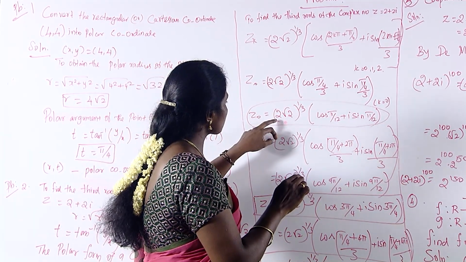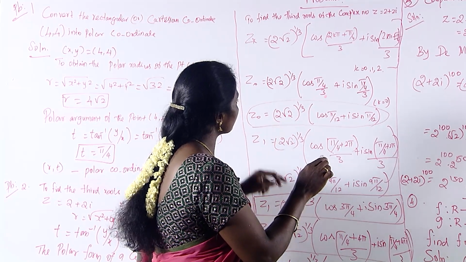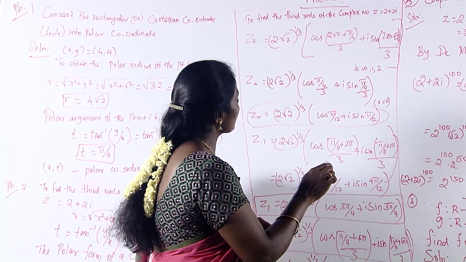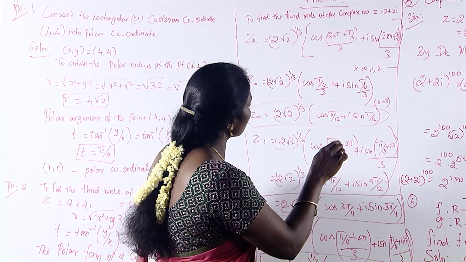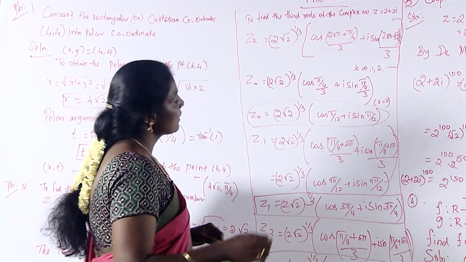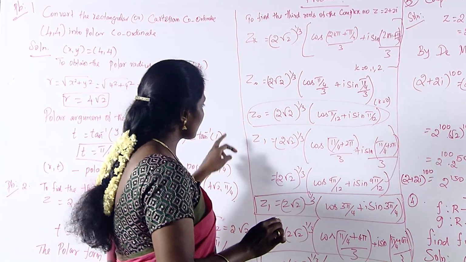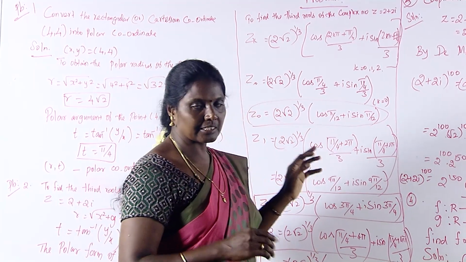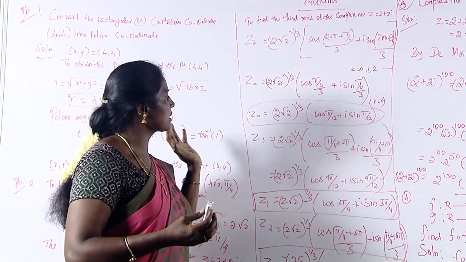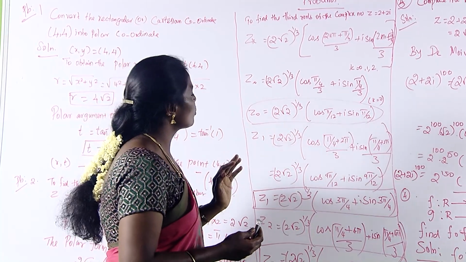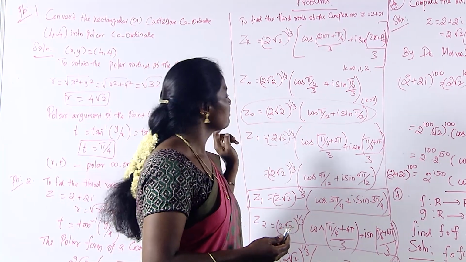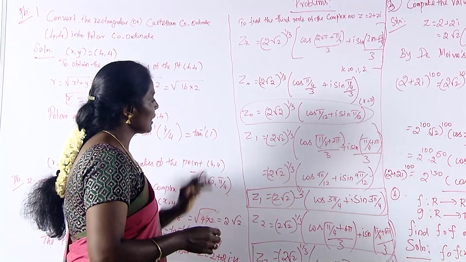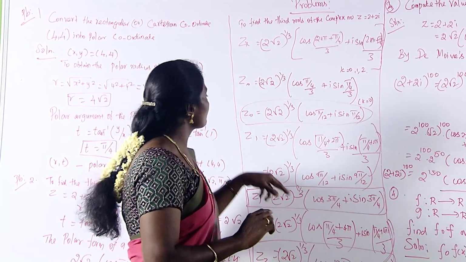This quantity remains the same, and here (π/4) divided by 3 gives π/12. So cos π/12 plus i sin π/12. So, this is the value of z0, that is, k equal to 0 gives z0.